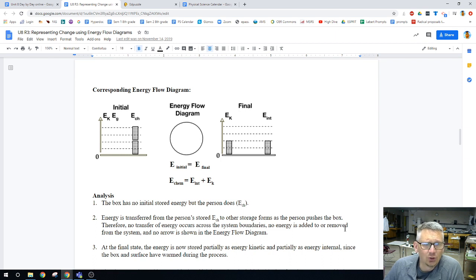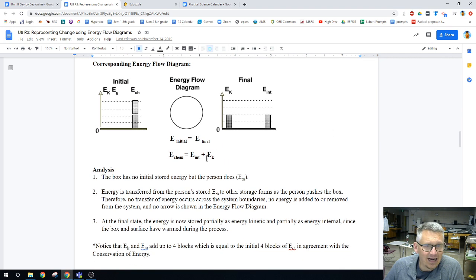Corresponding energy flow diagram: the initial diagram is 1, 2, 3, 4 pieces of E chemical. And the final is 2 pieces of E kinetic and 2 pieces of E internal, or E dis.